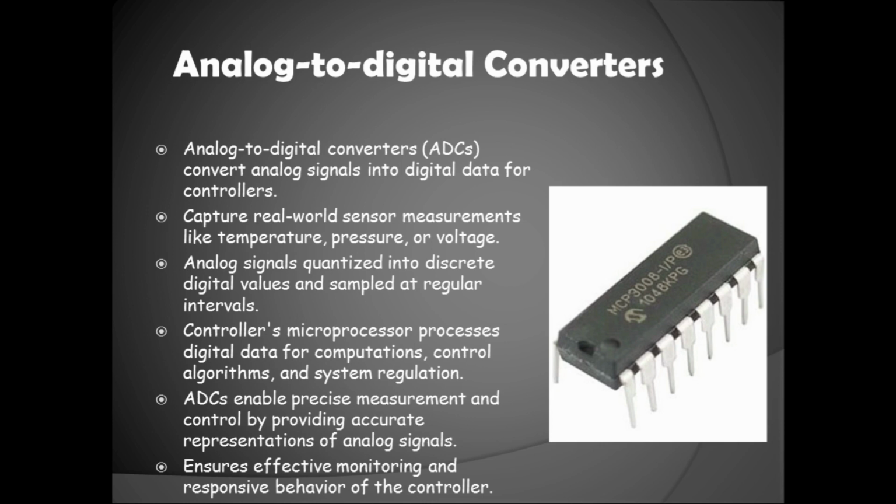During this conversion, the analog signal is quantized into a string of digital numbers and sampled at regular intervals. The controller's microprocessor or microcontroller can subsequently process the generated digital data to carry out various computations, implement control algorithms, and regulate the system for the desired outcome.